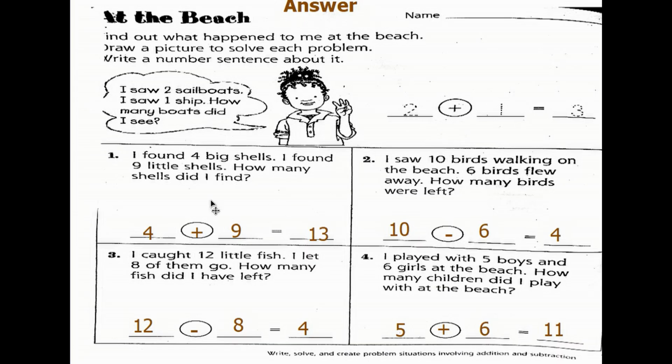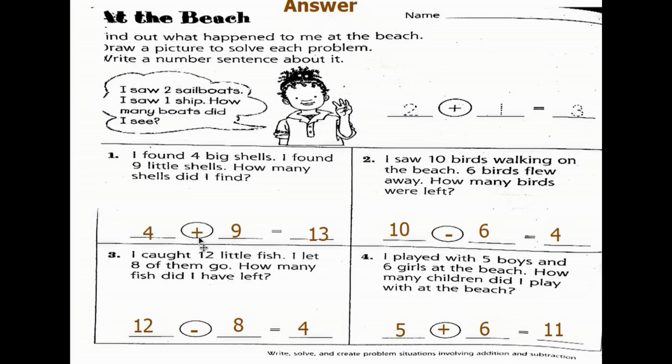Now based on this, the first says, I found 4 big shells and I found 9 shells again. How many shells did I find? Is this addition or subtraction? Since you are asked the total number of shells, it would be addition, right, students?